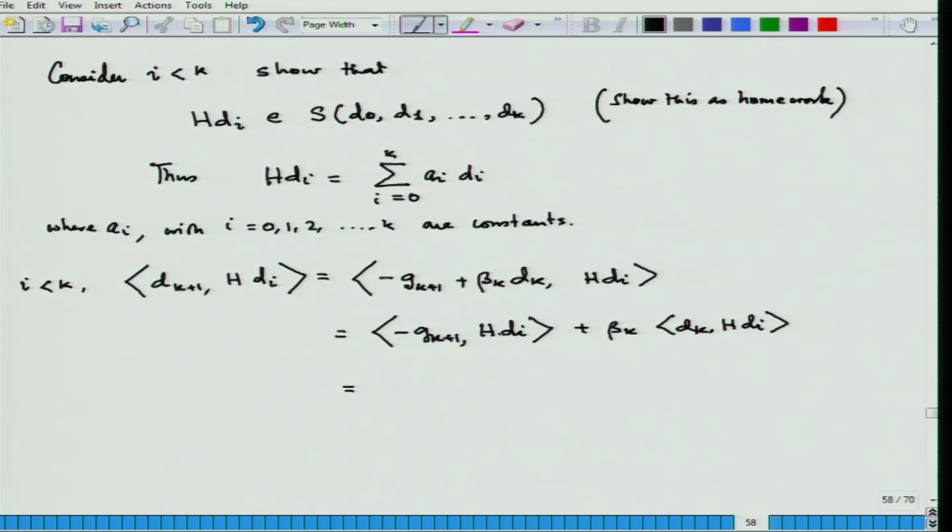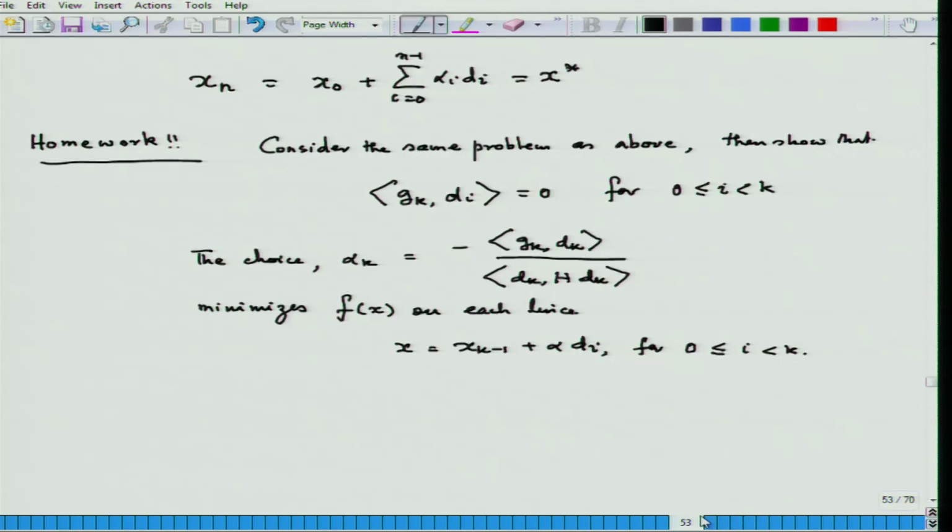and here, by putting H d_i as this, I can write this part as the sum over i equal to 0 to k of a_i into g_{k+1} d_i. So, we know that from, again I go back to this homework, where is that?